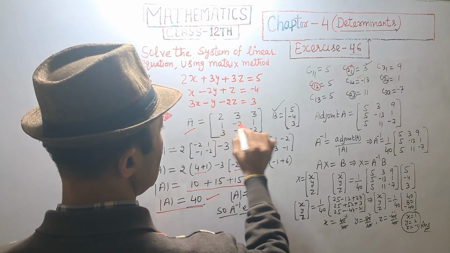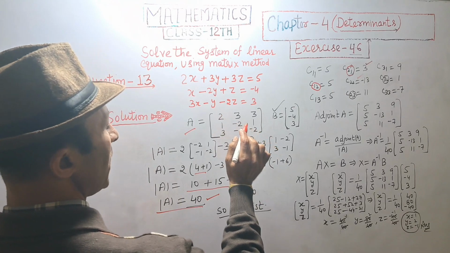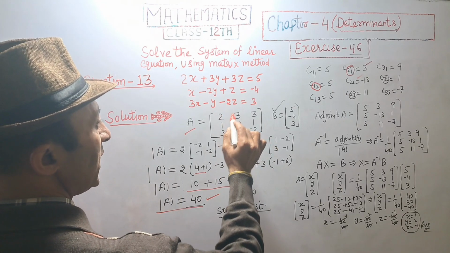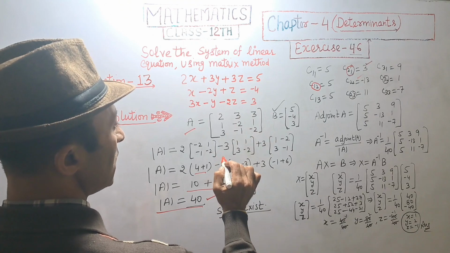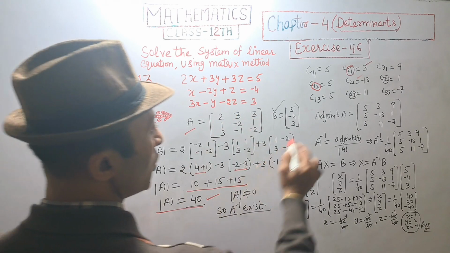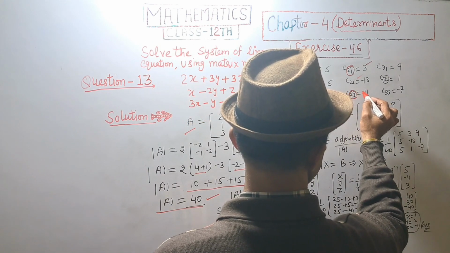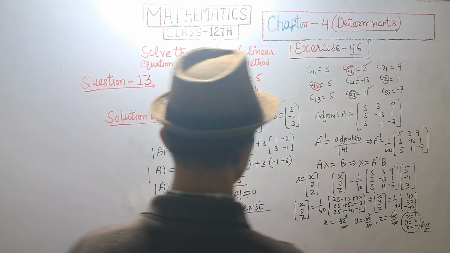And C23, we get 2 1s are minus 2, minus 9, minus 2 minus 9 is minus 11, and 2 plus 3 is 5, so minus 11 multiplied by negative sign, that will be positive 11.